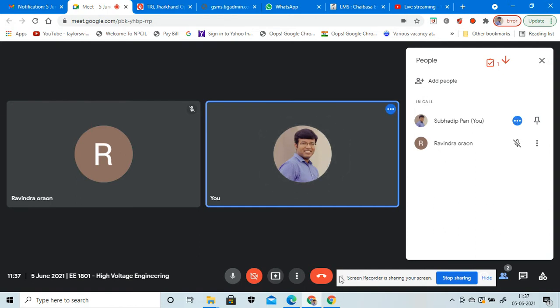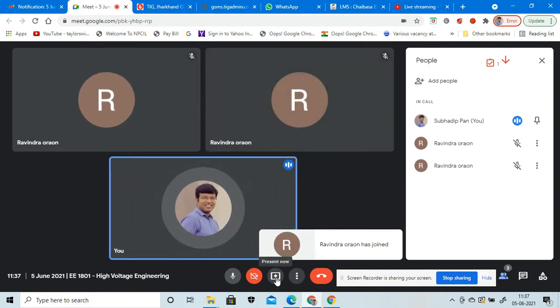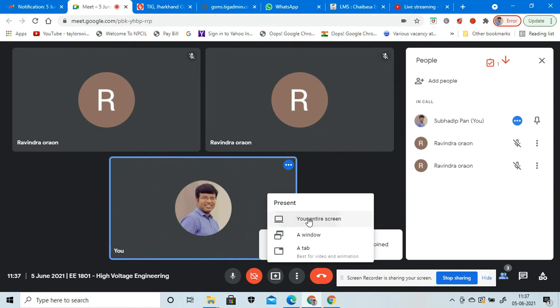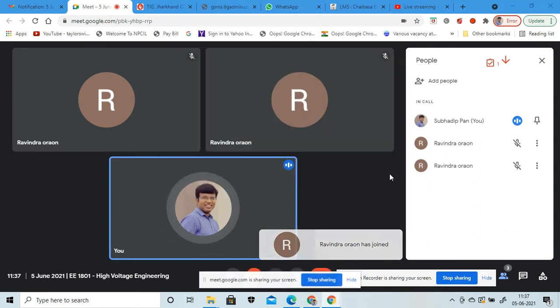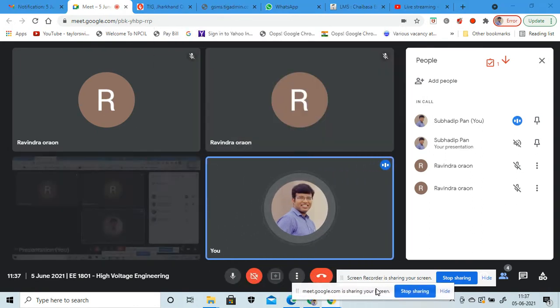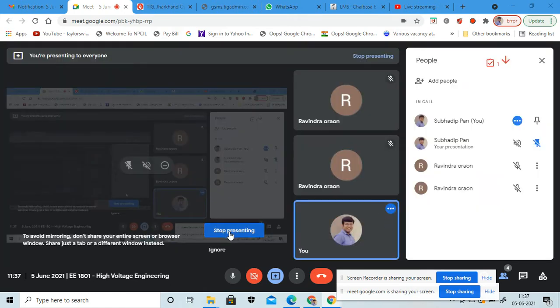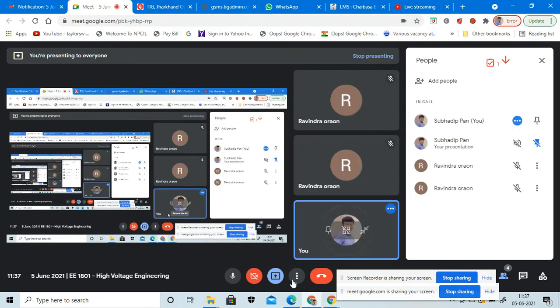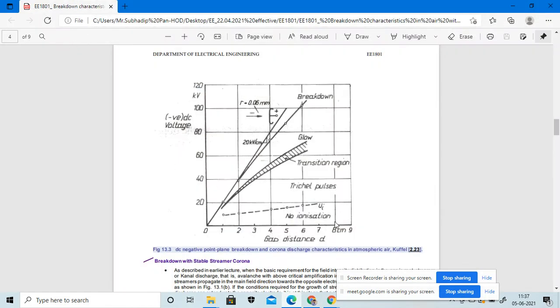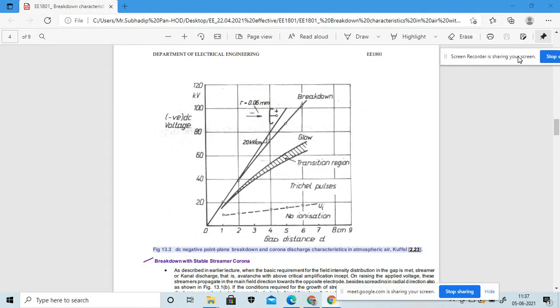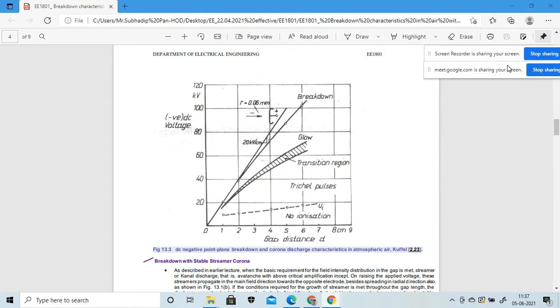So we will directly go to the screen share section so that you will be able to see.